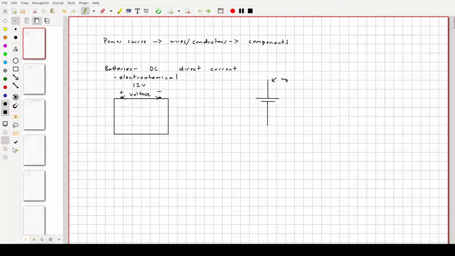So these would be wires, and this right here would be your battery. The length of the bar tells you whether you're dealing with a positive or a negative voltage, and that's because positives are bigger than negatives. So the long bar is the positive side of a battery, and the short bar is the negative side.